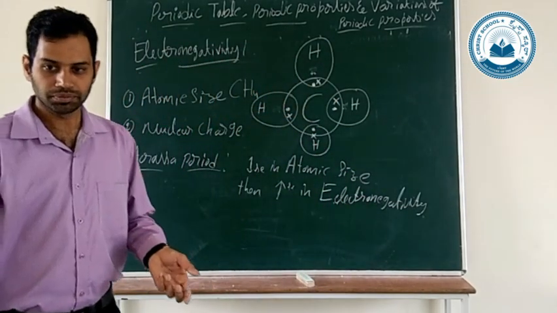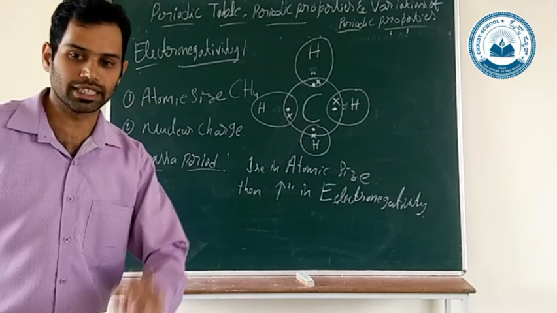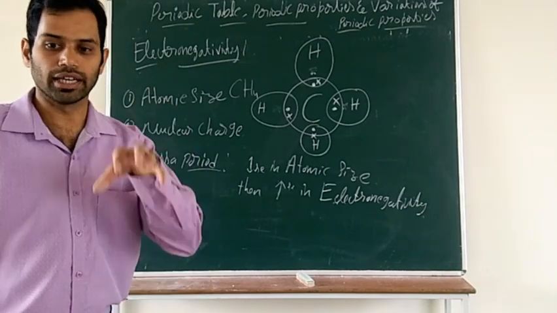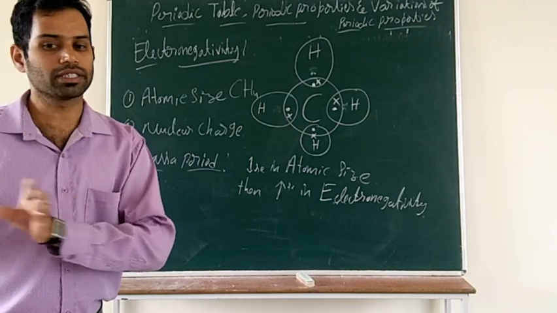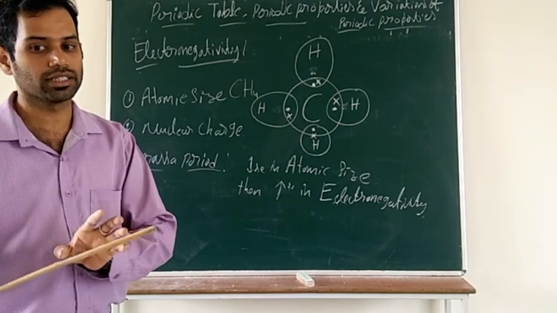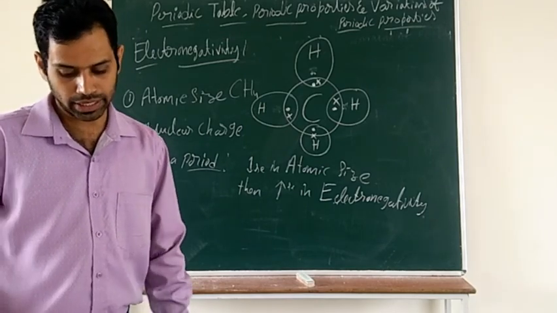So across the period, atomic size decreases, then there is an increase in electronegativity. Clear?